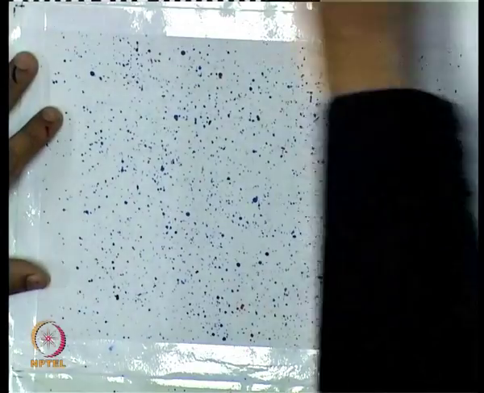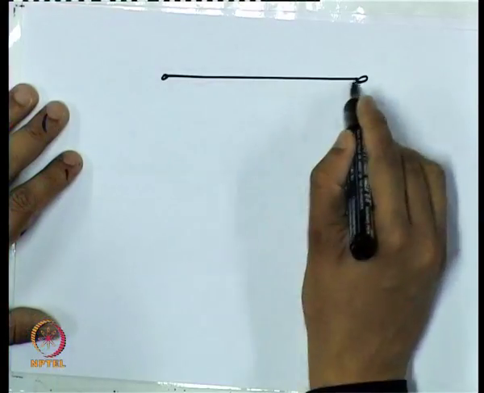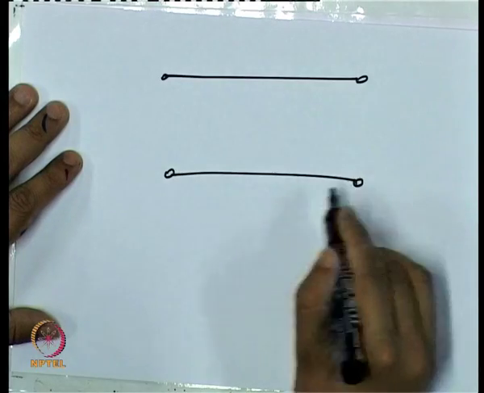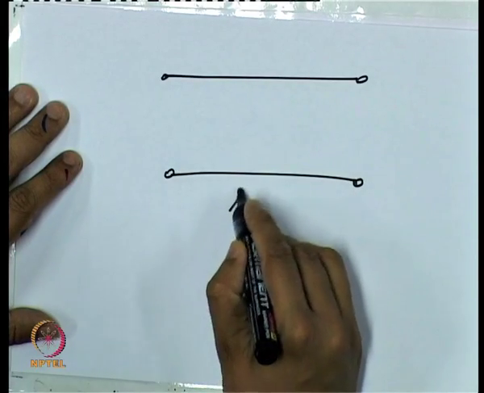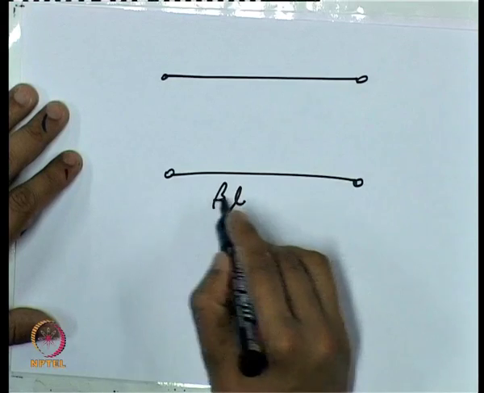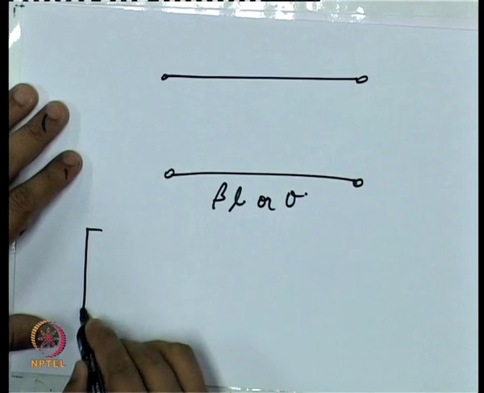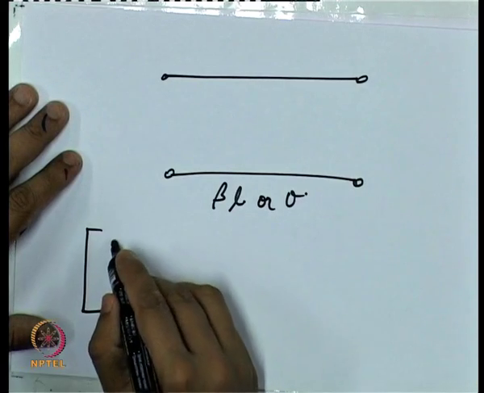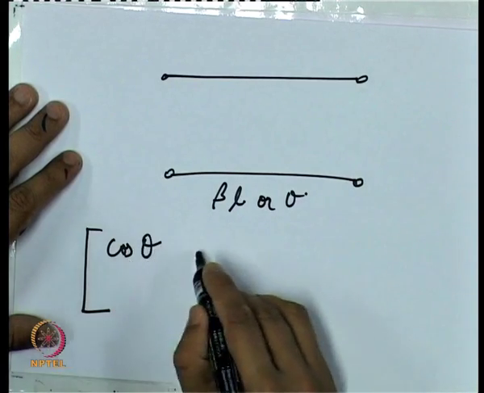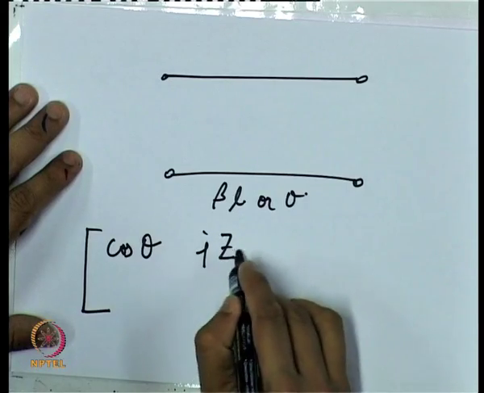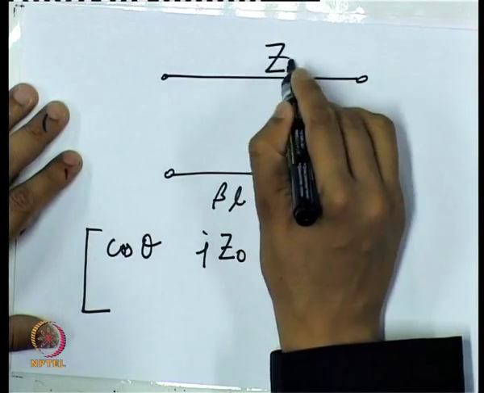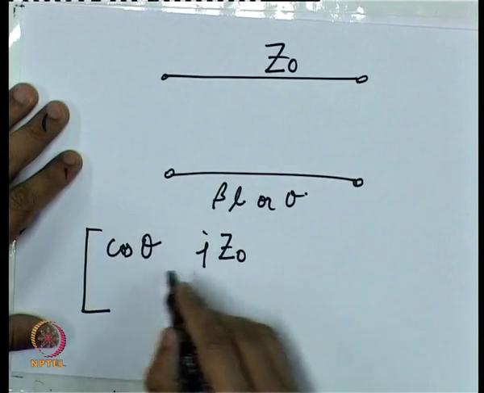If we have a transmission line of a certain length L, with beta L or theta, its ABCD parameters are given by this, where Z0 is the characteristic impedance of this transmission line.